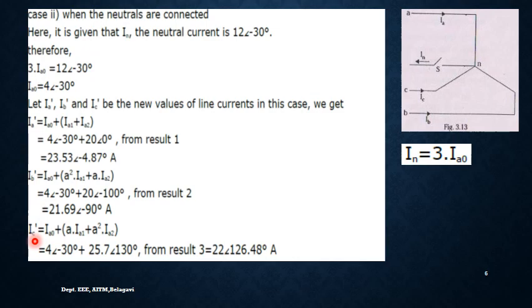Similarly, Ic dash can be found by using this equation. So these are the new values of line currents when a neutral is connected to the system.